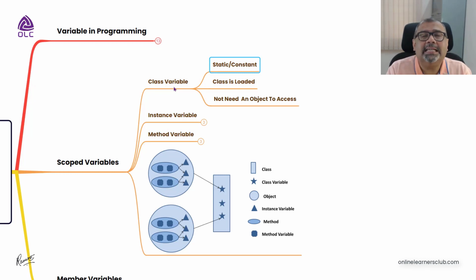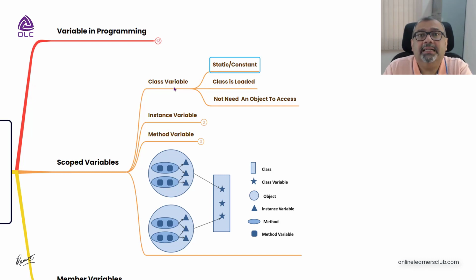This variable is initialized when the class is loaded, and we don't need any object created to access it. If we have a class ABC, I can say ABC dot x, for example. So class name dot x represents that particular variable, which can be used for accessing it or assigning some value to it in Java.